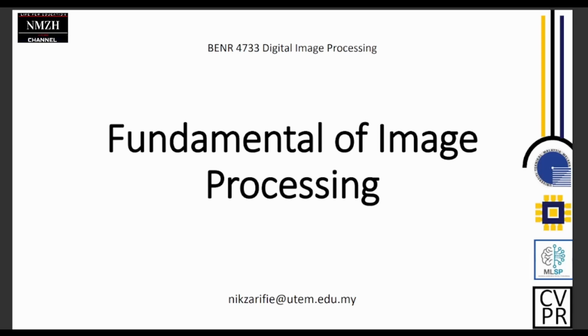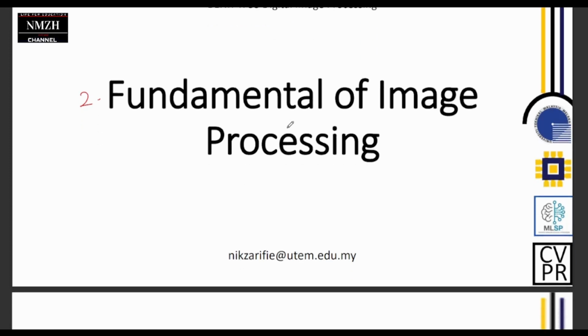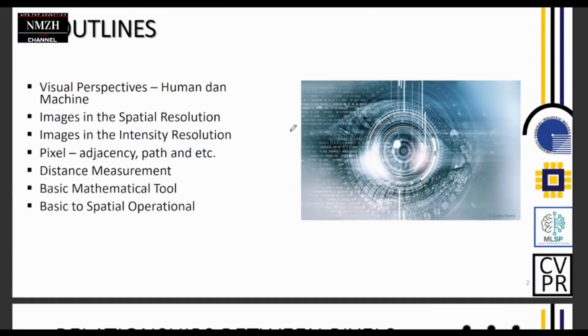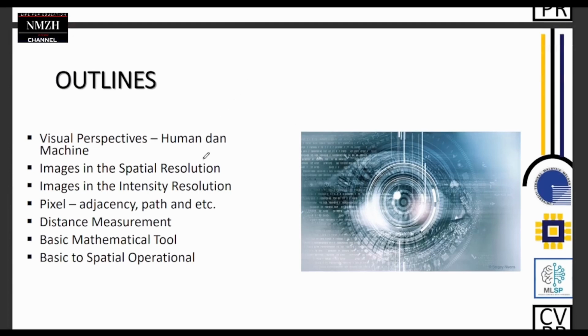So for today, I will be continuing the second part of the second chapter, fundamentals of image processing. The outline for this video is the second half of the previous slide.